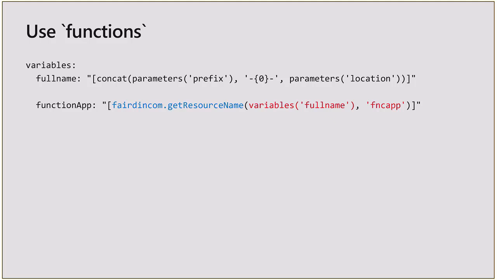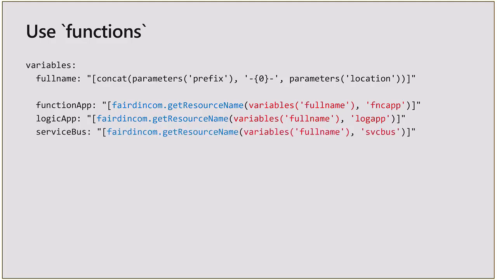The function app will have the same name with a func app suffix, the logic app will have a similar style but a different suffix, and the service bus similarly. They are all using the same function but with different parameters. This is how we can reuse functions over time.